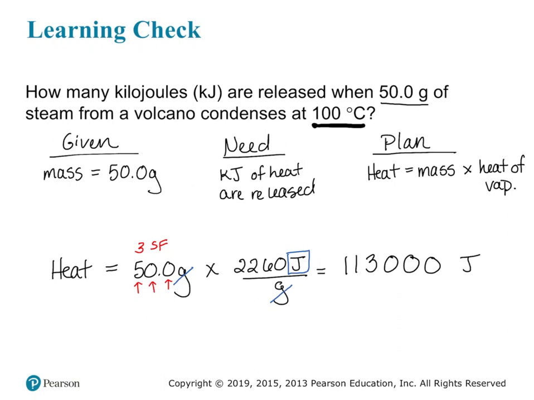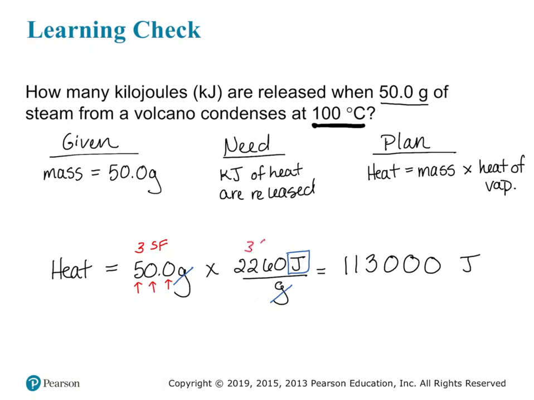And then what about 2,260? How many sig figs does that have? Or another question is that last 0 significant? No. So that 0 at the very end of 2,260 is a placeholder 0. There's no decimal point there, so it is not significant.